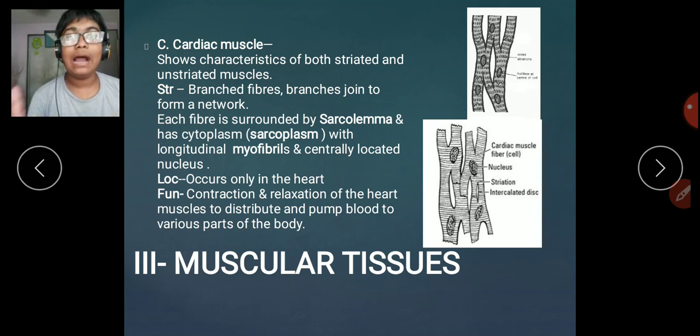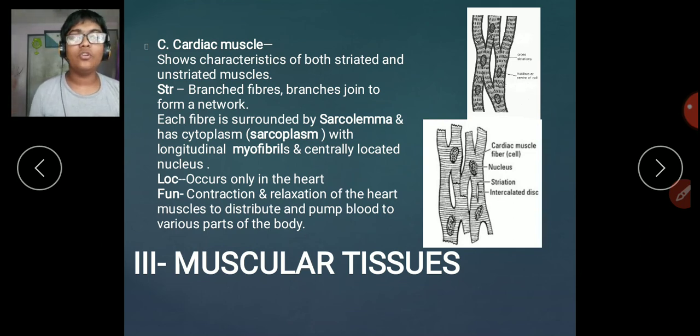It works throughout because it is in the heart. We all know our heart has to go throughout our life, only then we can live. So cardiac muscle is the muscle that never tires. But the voluntary and involuntary muscles get tired sometime in life. This cardiac muscle never does.